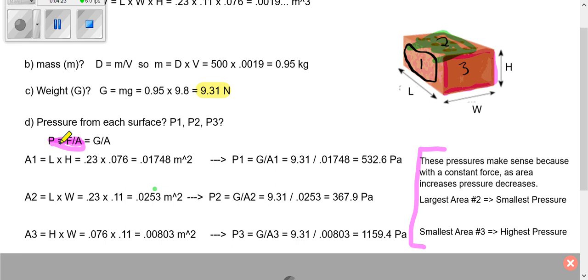The largest area was area 2, and that had the smallest pressure, only 367.9. But the smallest area, side 3, which was the last one we did, had the highest pressure. That corresponds to what we would expect. So hopefully this worked out. There's 4 minutes in this first video, so good luck. I'll give it a shot.